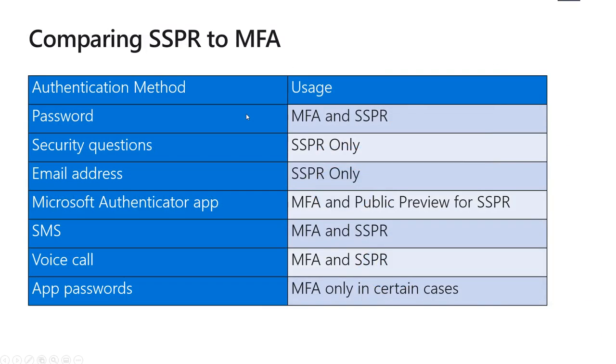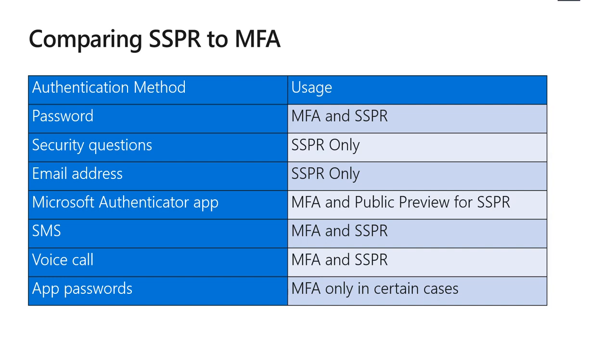And finally, let's compare SSPR to MFA, right? Azure AD self-service password reset and MFA may ask for additional information, known as the authentication methods or security information, to confirm you are who you say you are when using the associated features. An administrator can define in policy which authentication methods are available to users of both SSPR and MFA.